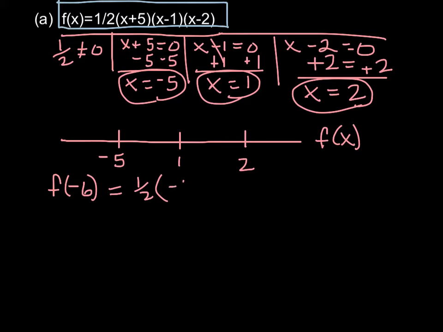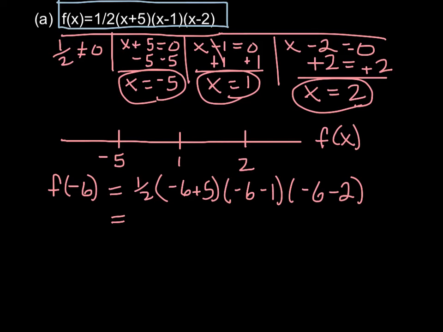So I'm going to do -6 plus 5, then -6 minus 1, and then -6 minus 2. All right, we don't need to get crazy on what the numbers are. We want to know whether it's positive or negative, and I'll explain why in a minute.